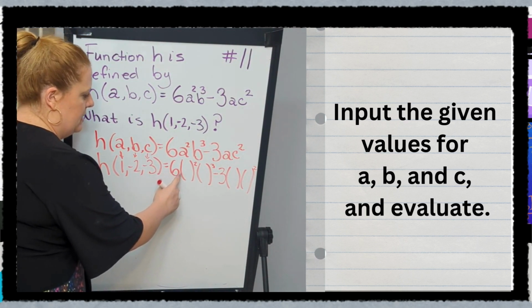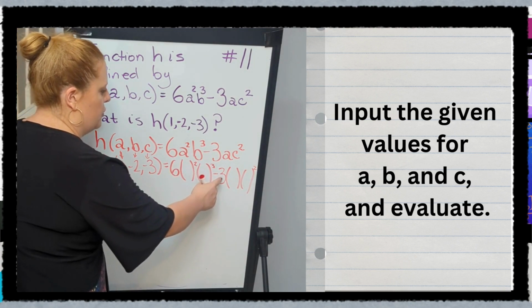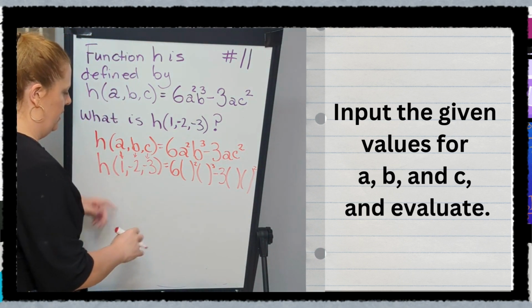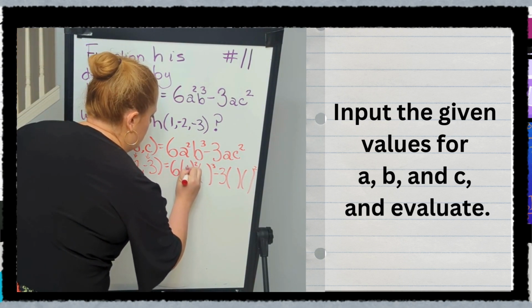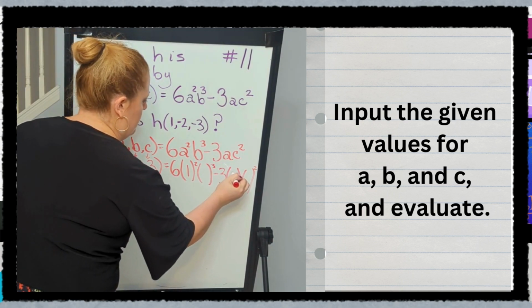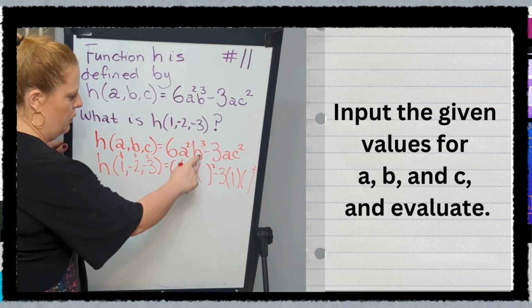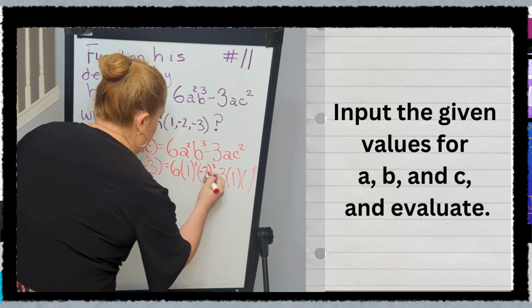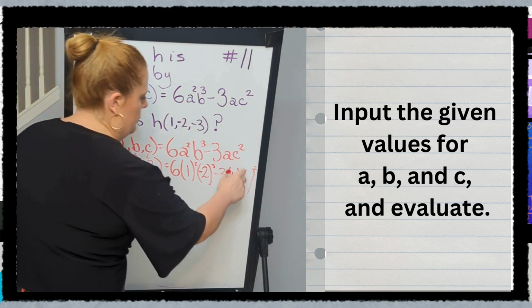I have 6a squared b cubed minus 3ac squared. Let's plug in. a is 1. b is -2. I have a c, and c is -3.